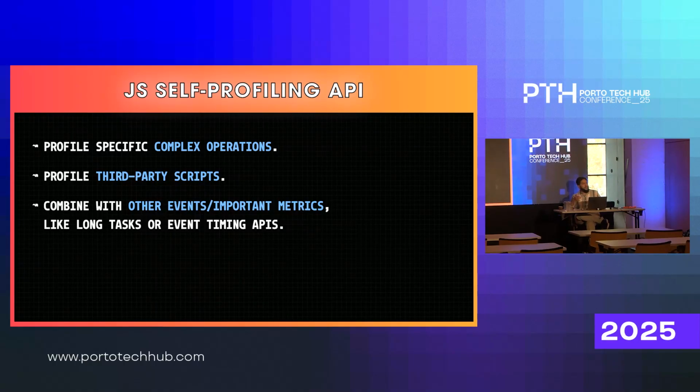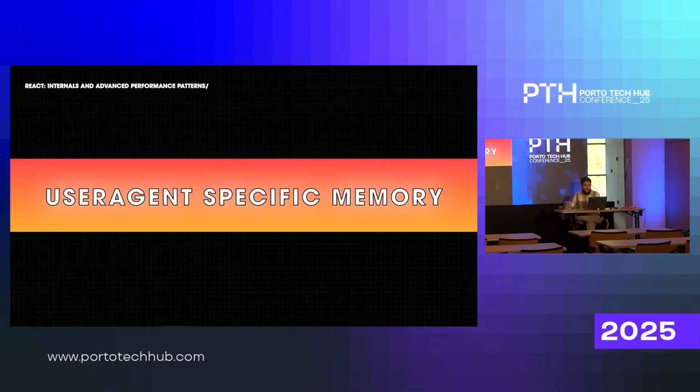And this is very interesting because you can then profile specific complex operations or third-party scripts, or even combine that with other metrics that are out there, especially the long task one or some specific timings like the event timing.